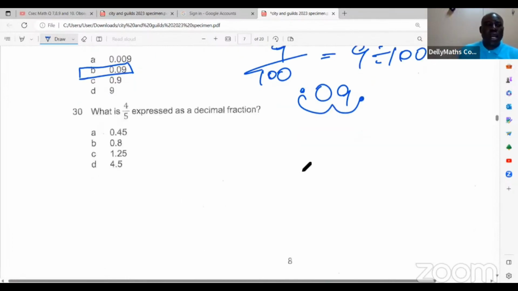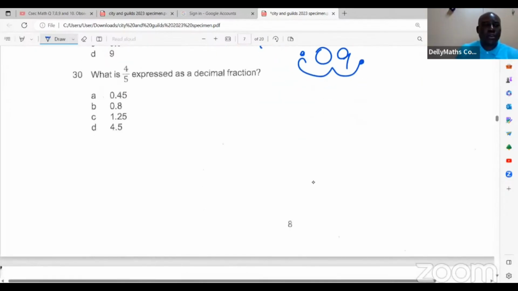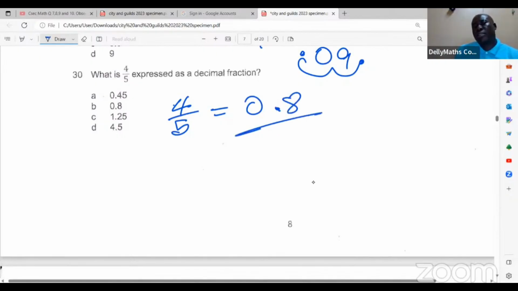Next question, what is 4/5 expressed as a decimal fraction? 4 over 5. What is 4/5 as a decimal? 4 divided by 5 is 0.8, there.